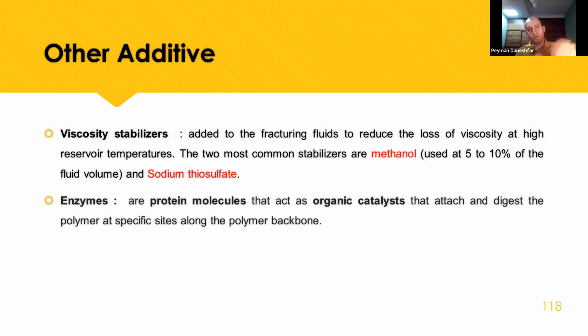We can add viscosity stabilizers to the fracture fluid to reduce the loss of viscosity at high reservoir temperature. The two most common stabilizers are methanol and sodium thiosulfate. Another one is enzymes, protein molecules that act as organic catalysts that attach to and degrade the polymer at specific sites along the polymer backbone.